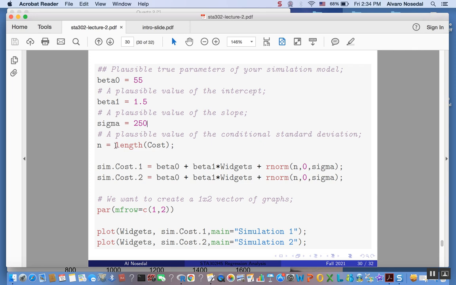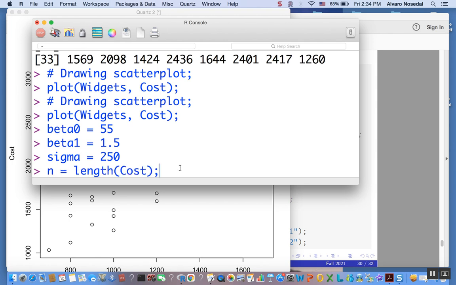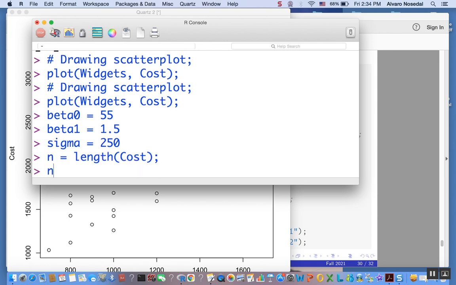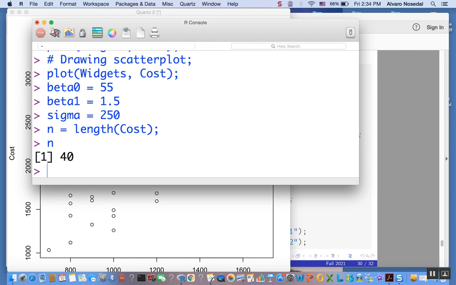Now this special R command, length, gives you the number of elements in the variable cost. So n is 40. Yes, we knew that we had 40 observations in the original data set.